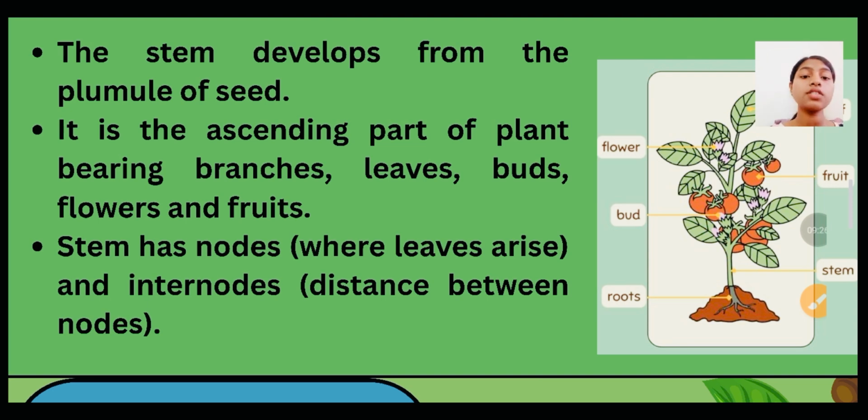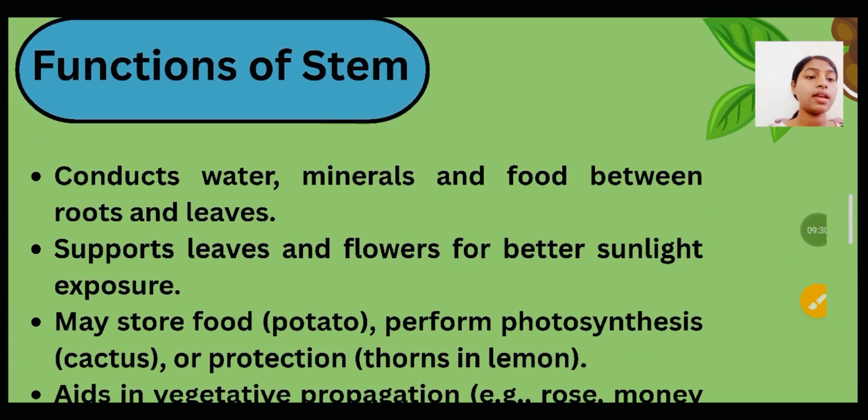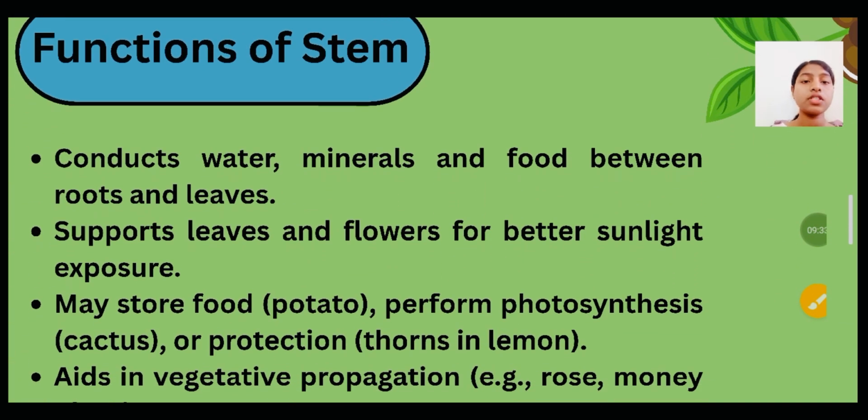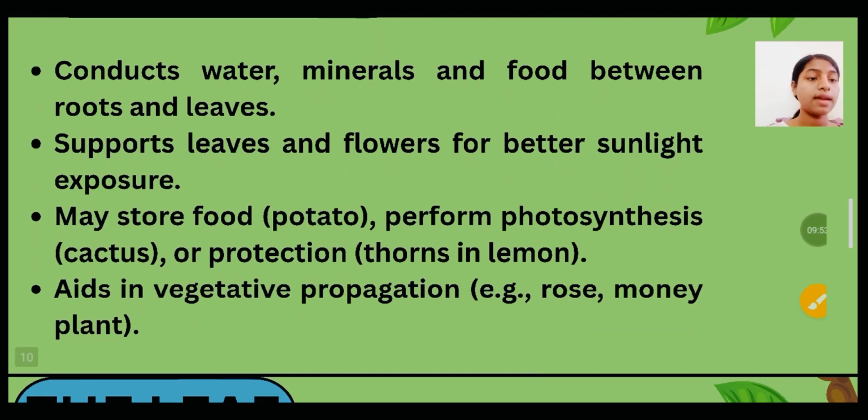Next we will discuss the functions of a stem. First, it conducts water, minerals and food between roots and leaves. It supports leaves and flowers for better sunlight exposure. It may store food, like potato. It performs photosynthesis or protection, like thorns in lemon. It aids in vegetative propagation, for example rose and money plant.